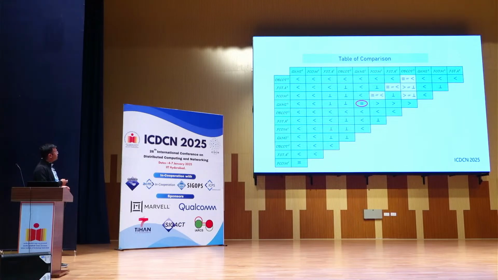Then we have LumiA is equivalent to LumiS. That's why these 2 rows are the same. Next, in this work we have shown that FSTA-A and FCOM-A are computationally orthogonal. FSTA-S is computationally orthogonal to FCOM-S, and FSTA-F is computationally weaker than FCOM-A because of this one, because FCOM-F is equivalent to LumiF.